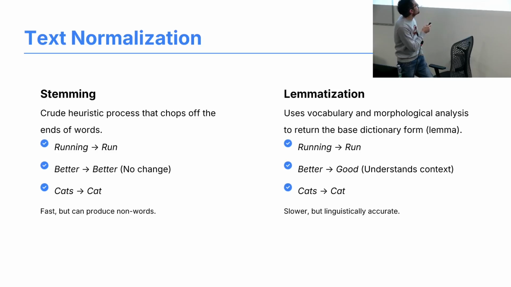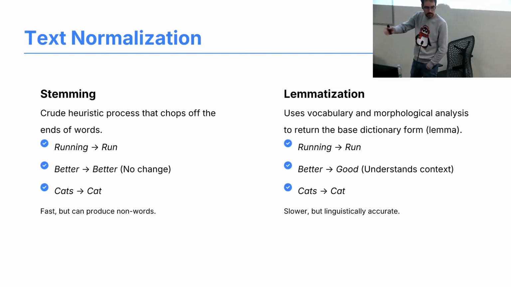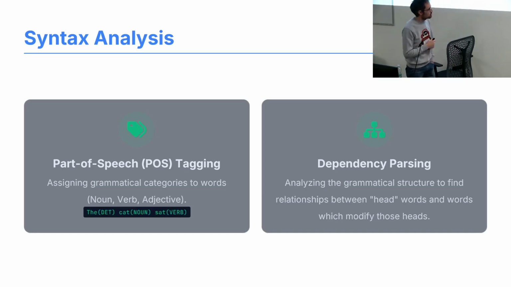Instead, with lemmatization, you may reduce better to good. Better is a measure of quality. You could do something like that. This is much slower because you need to do much more accurate analysis. Here, you just take one word and cut it with some criteria. Here, you need to look at the context where the word appears. So this is slower, but it's more accurate. Okay? So this is actually what you do. You don't simply take words.